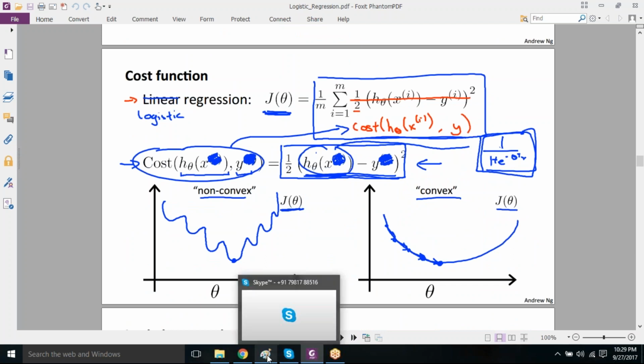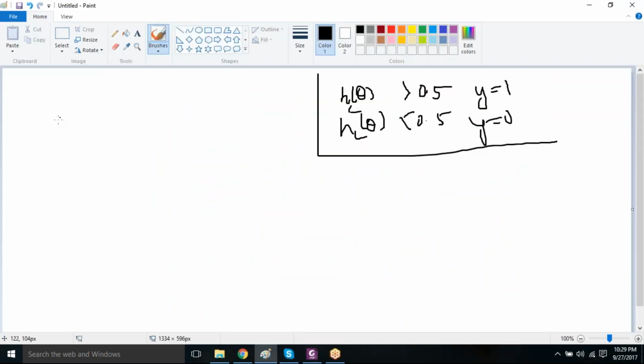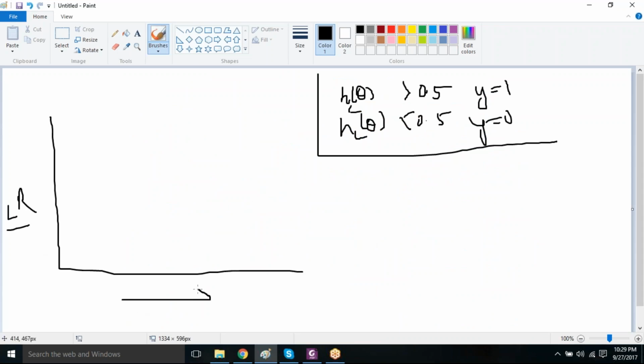One more thing I will tell you. In linear regression, if you look at the iterations, here is your cost function. Suppose I started from this point. In iterations it will go down, down, down, reducing, and at one point you will find that the cost is not changing.